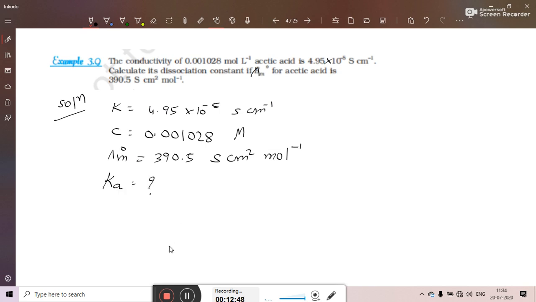Now first of all, in order to find out Ka, we should know alpha, and for alpha we should know lambda m. So our first work is to find out lambda m.